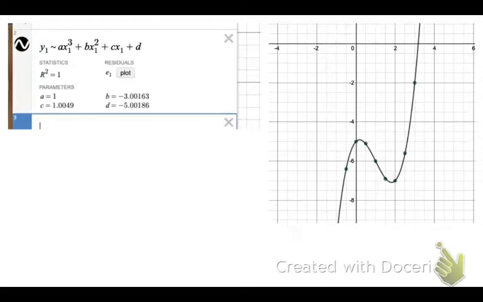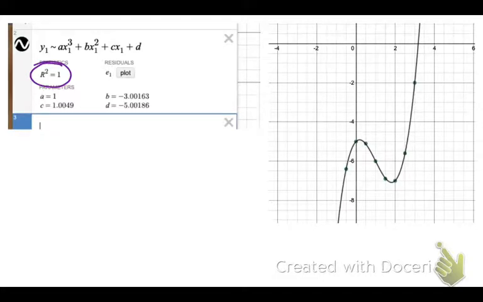A, B, C, and D are the coefficients. You have to make sure you have that subscript on the x values in order for the calculator to finish that calculation. Once you're done, you see here that we have r squared equal to 1. So this is a perfect cubic function modeling these points.